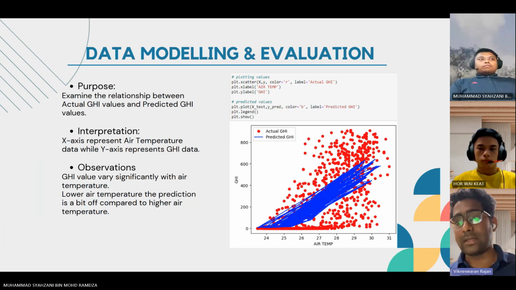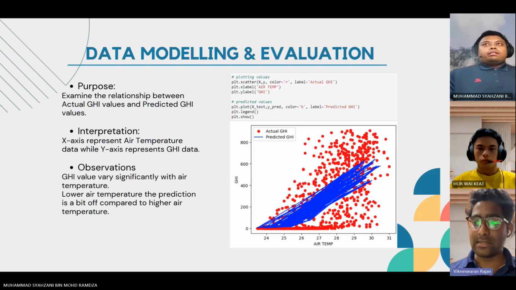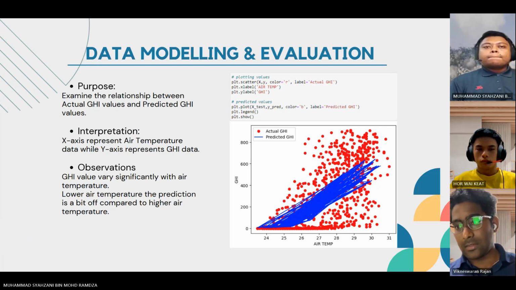The x-axis represents the air temperature data, while the y-axis represents the GHI data. We could observe that the GHI values varied significantly with the air temperature. But interestingly, the model prediction was slightly less accurate for low air temperature compared to higher air temperature.